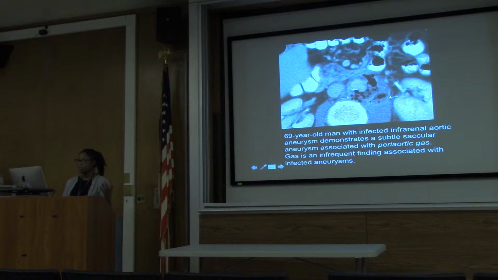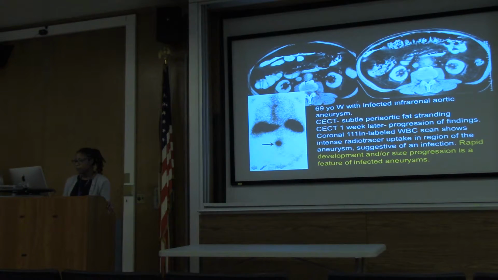So of course if we see this, we know this is an infected aortic aneurysm, but they don't tend to present this way. So here's a case of a 60-year-old female with an infected aortic aneurysm or mycotic aneurysm. She comes in and there's subtle enlargement and subtle haziness of the fat around the aorta, and that's it. A week later, she comes in with increasing pain, and we see that there's a significant increase in size in 1 week.